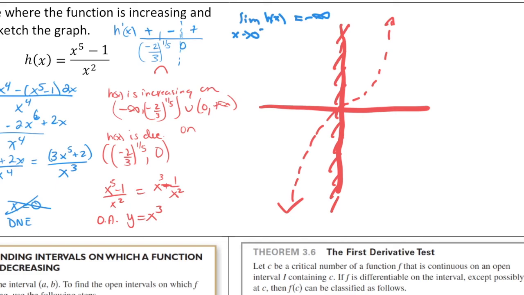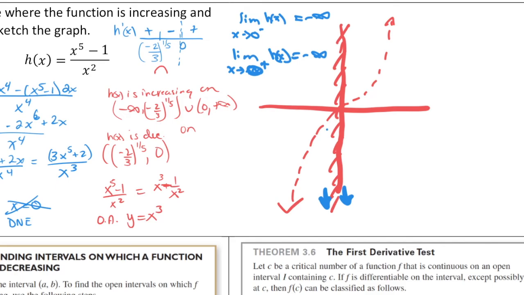On the right side, the limit as x goes to 0 from the right side of h of x gives you a negative infinity. So we're heading down the asymptote to the left side and the right side of the 0. But we also know we need to follow the asymptote, and we have a critical number at (-2/3)^(1/5).